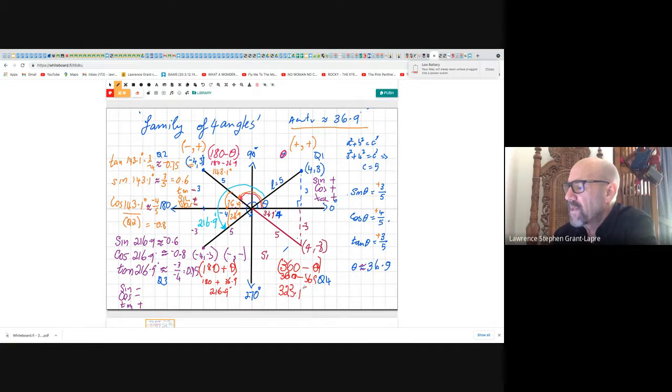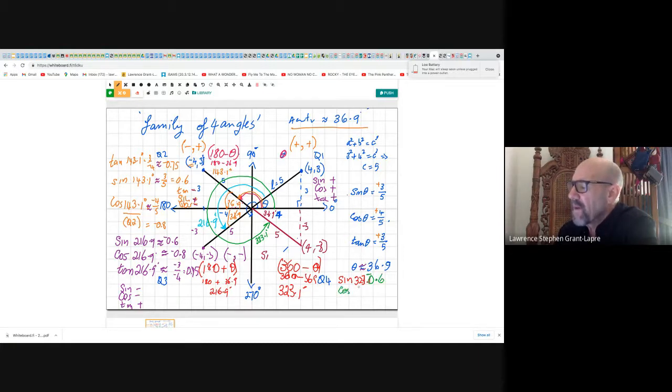323.1 degrees. So sine of 323.1, that's this angle all the way around with that line there, right? That's 323.1 degrees. Sine is negative 0.6 because of negative 3 over 5.